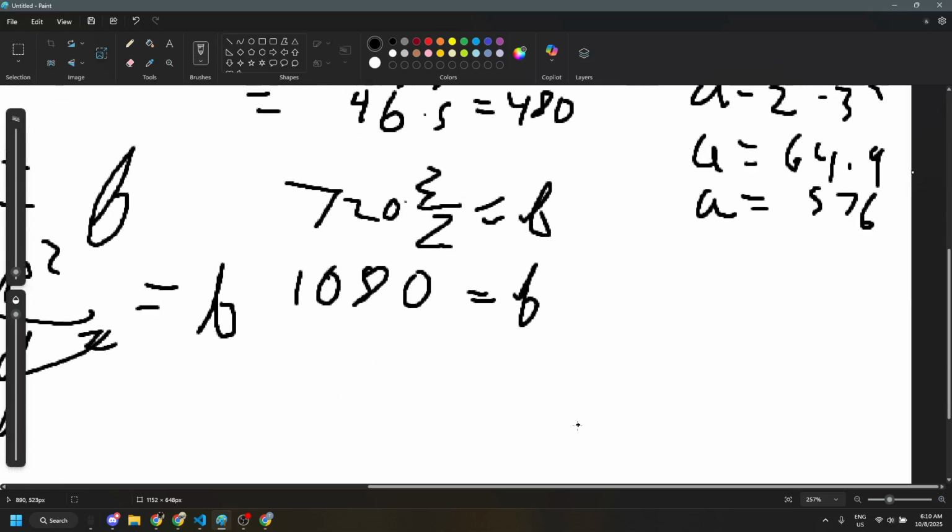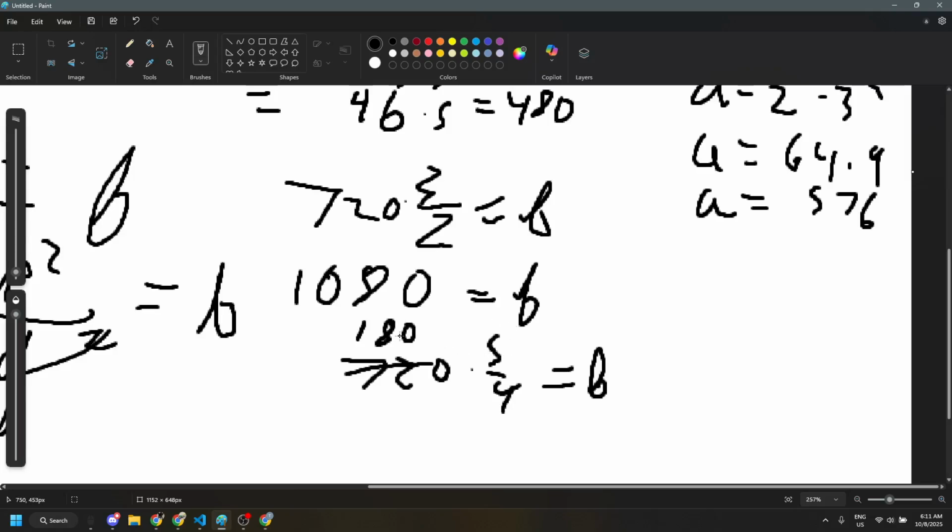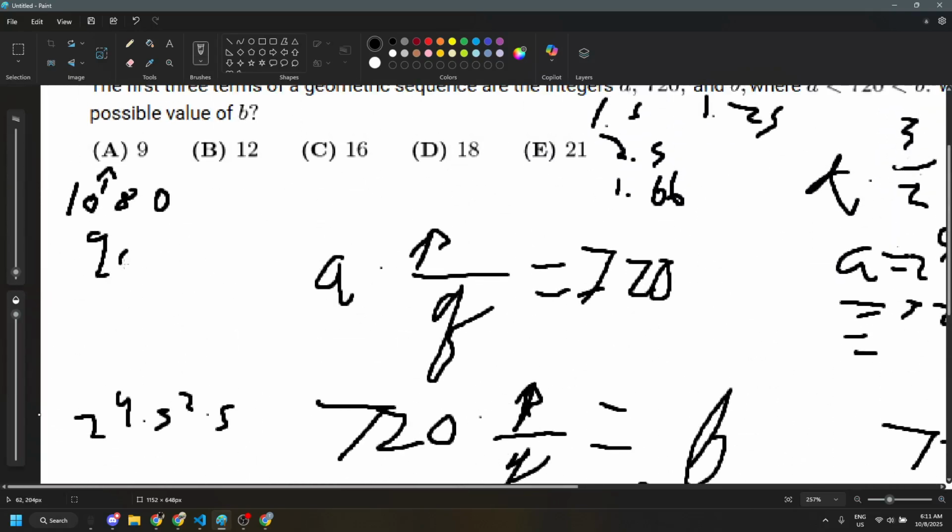Okay, now let's see if that works for B. So 720 times 5 over 4 is equal to B. Divide out 4, we get 180 times 5, which would be 900, which is just the same thing.